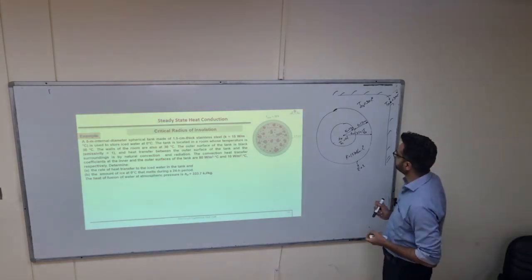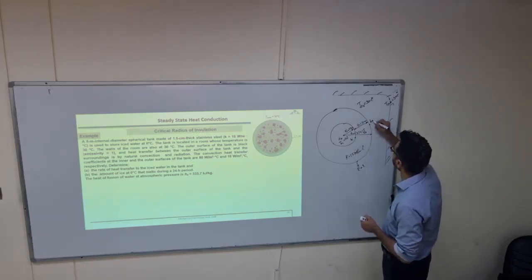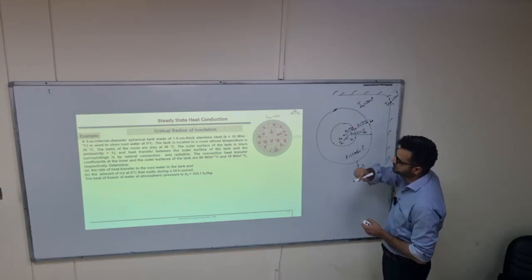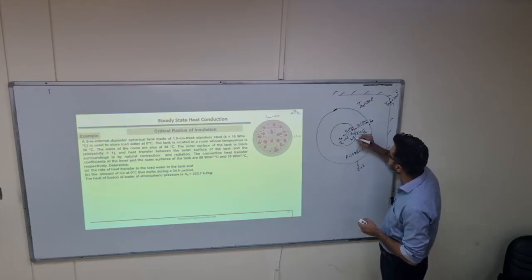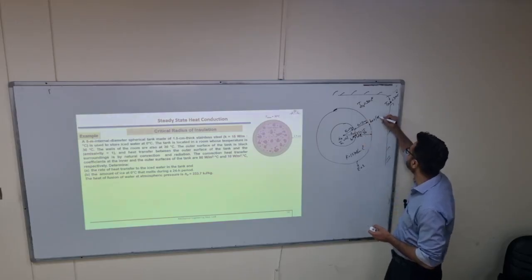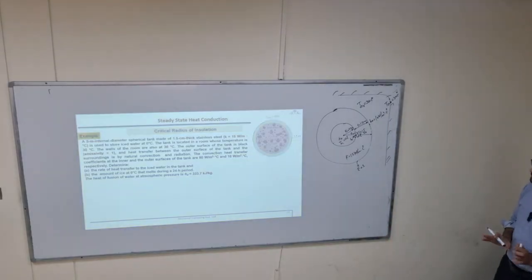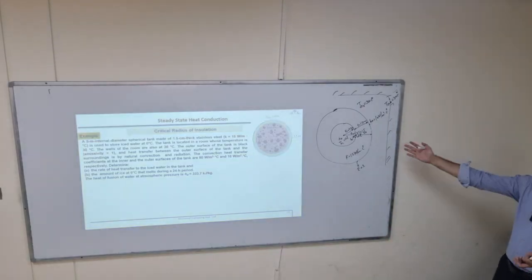At the inner surface, Hi, and outer surface, Ho. Inner is 80 watts per meter square per degree Celsius, and outer is 10 watts per meter square per degree Celsius. That is the data given, and we have shown it.